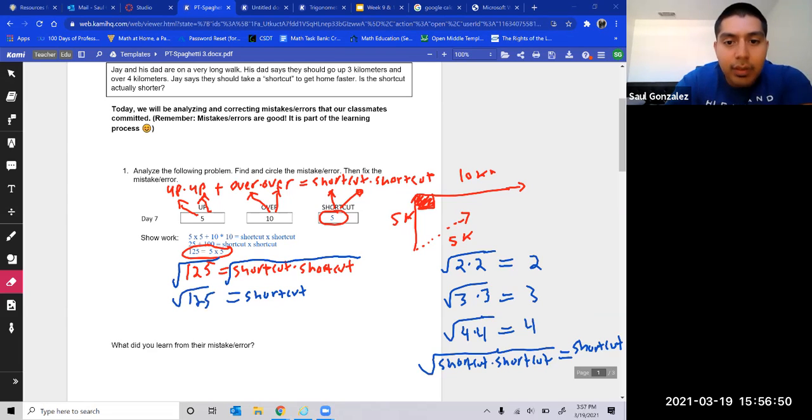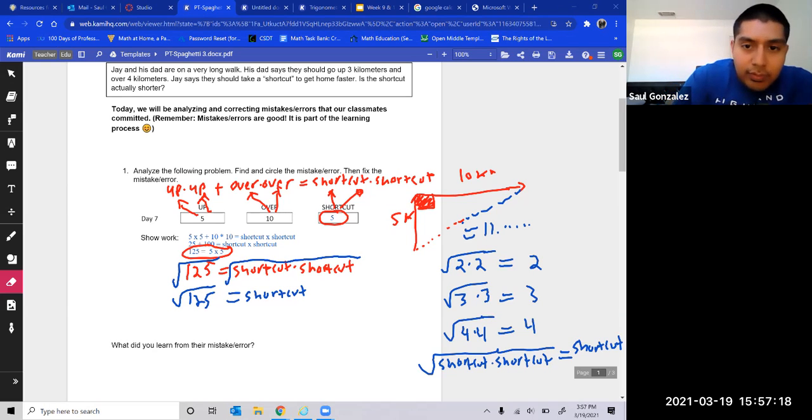So if we plug in the square root of 125 into our calculator, we should get something like 11 point something, right? So that would make sense. So our shortcut would be approximately 11 point something. So instead of the shortcut being 5, it would be like 11 point something.